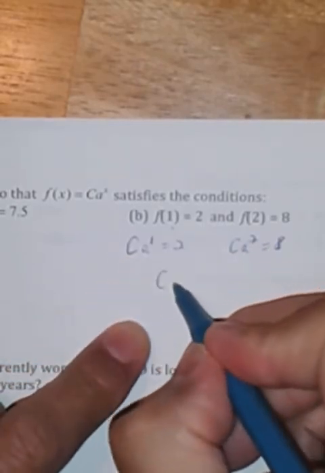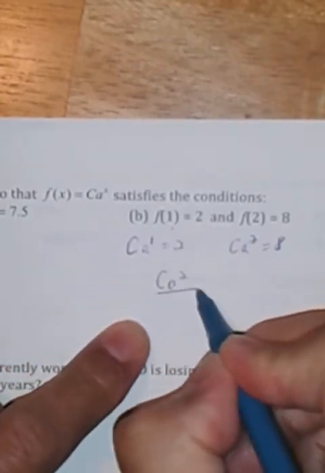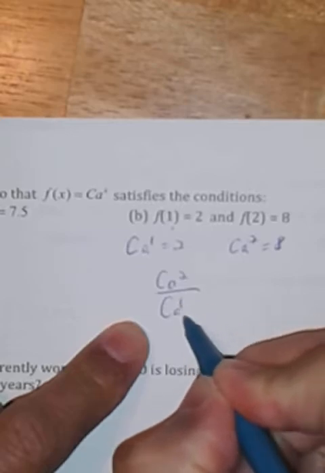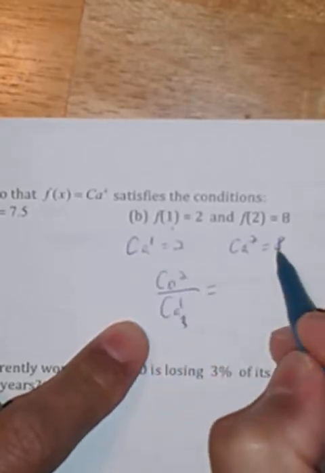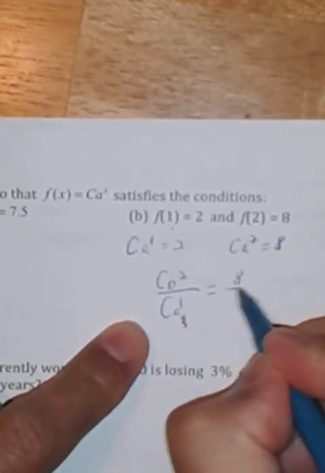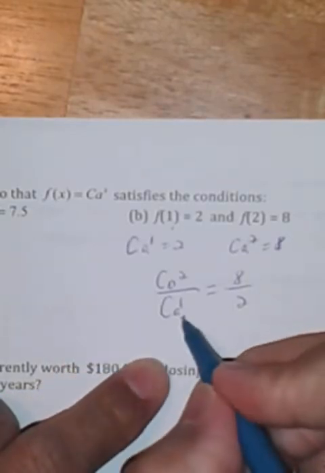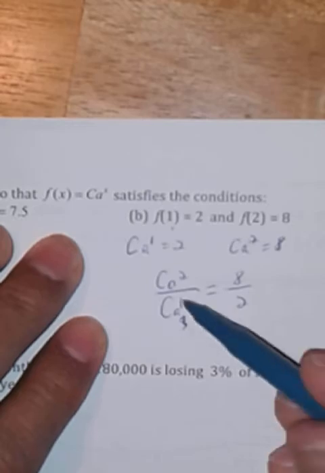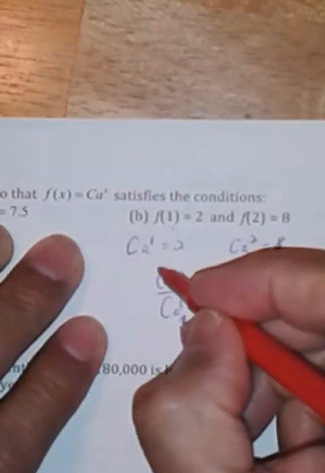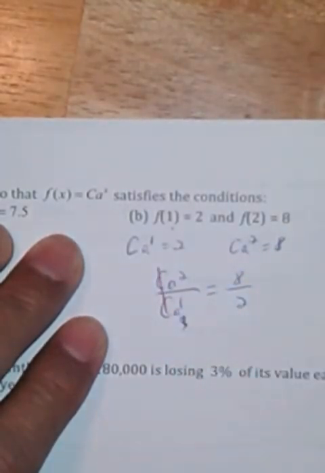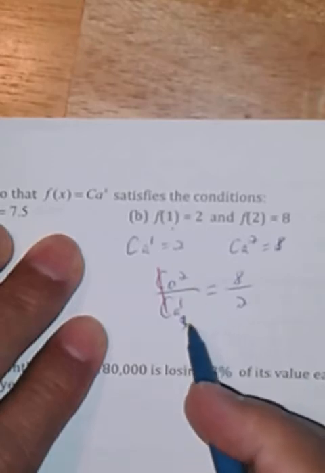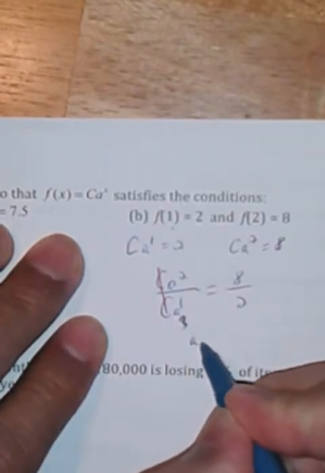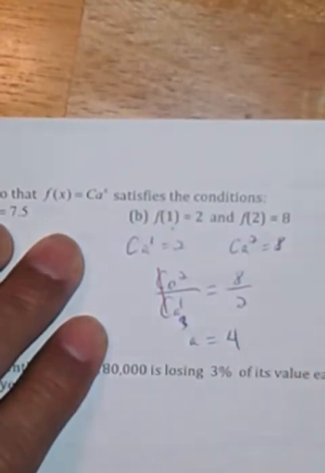I can say c a squared over c a to the 1st equals the numbers that they equal, 8 over 2, which is 4, right? On the left-hand side, the c's cancel out, and a squared over a to the 1st is just a, so I get a equals 4.